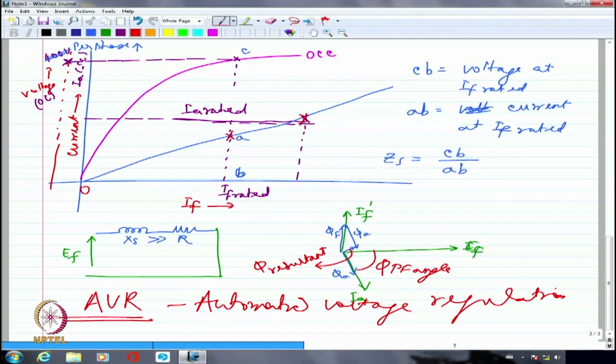So, very clearly, there is a huge amount of difference between transformers circuits and synchronous generator circuits. The equivalent circuit as well as the way it is being analyzed, right? So that is the reason why they are quite different. Okay?